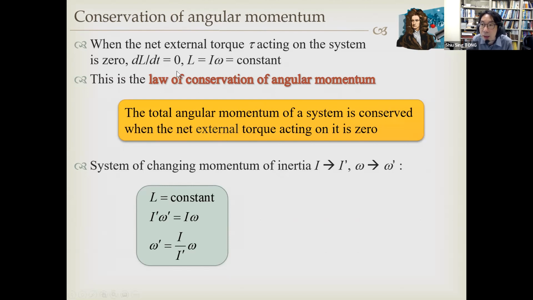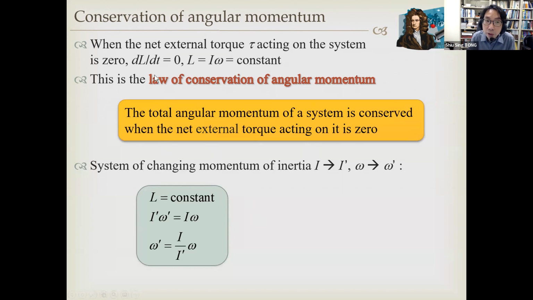Now I emphasize that although I haven't proved it, the idea of conservation of angular momentum is still valid even if a body has a changing moment of inertia. A body with a changing moment of inertia means that the body is not a rigid body. It can deform; when it rotates, the body can change its shape, and so the moment of inertia will change.